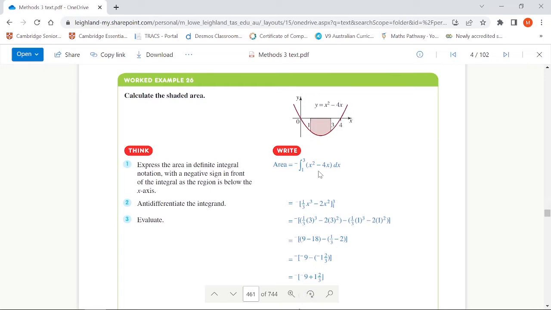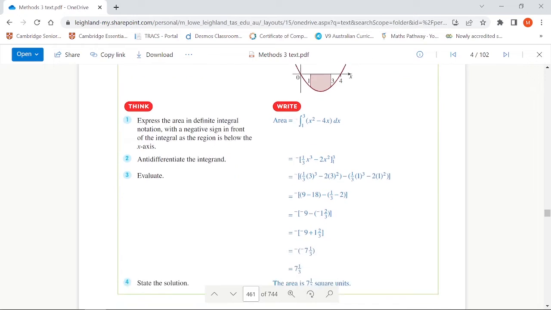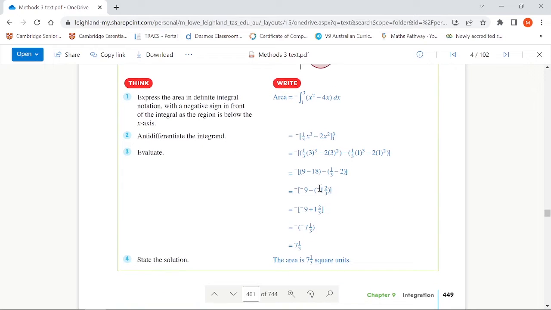Okay, so that's fine, or you could just, again, put absolute value symbols around it, or reverse the limits and put the 3 on the bottom and the 1 on the top. And so we can see that as that's worked through, inside the bracket there gives us -7 1/3. So then ensuring that we change it to a positive value to give us the area is important.